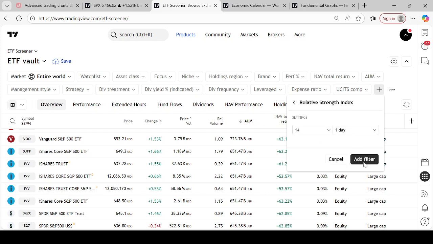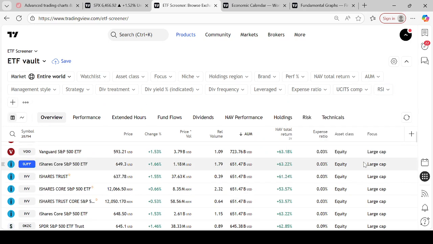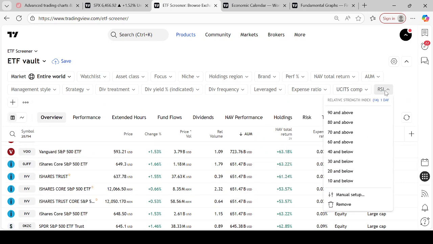You have to set your relative strength index to its default setting of 14.